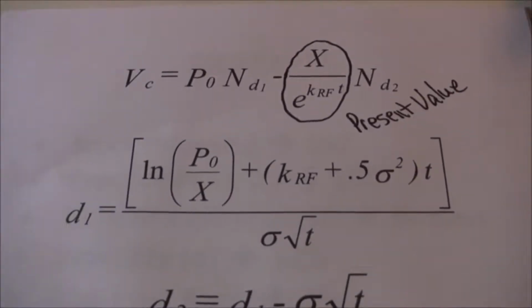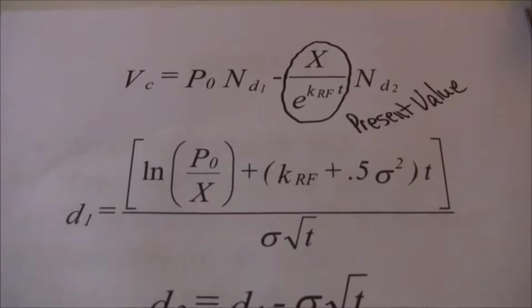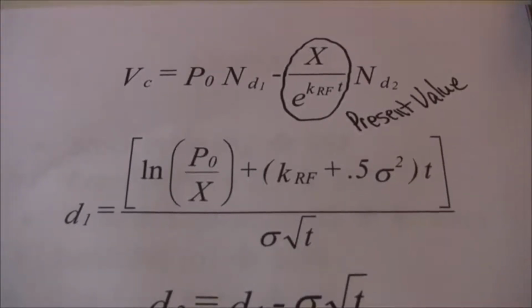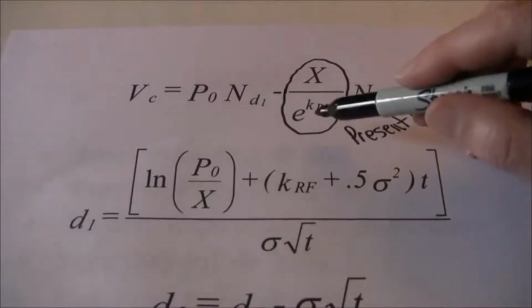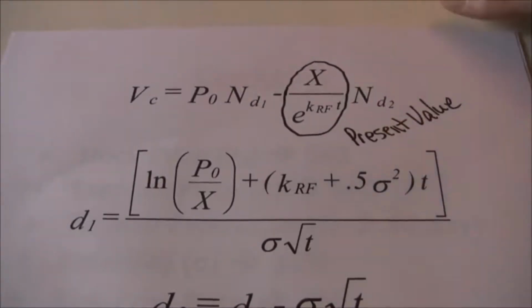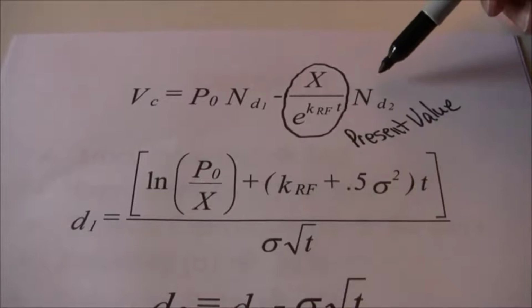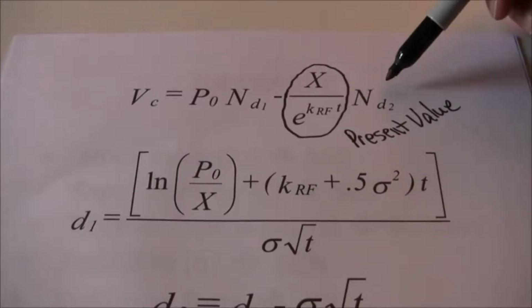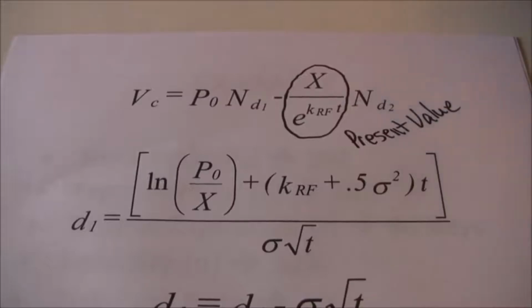The difference between this and normal discounting that you might do on a financial calculator is Black-Scholes used a continuous discounting model, so this e stands for the exponential. And then we take this and multiply by N(d2), which is another area under the standard normal distribution table.